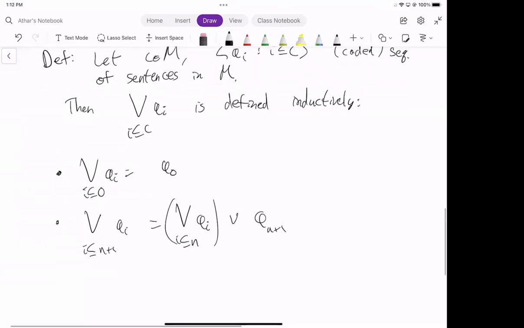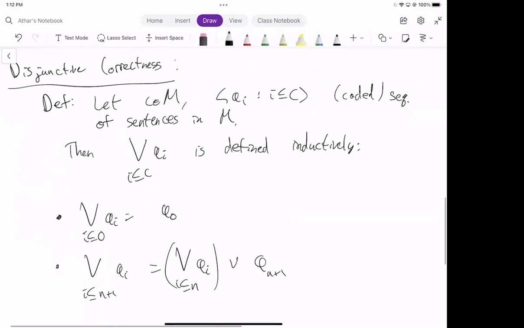And so now we have the ability to talk about non-standard length disjunctions.